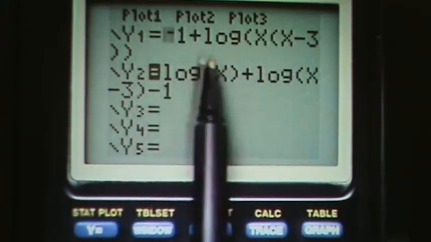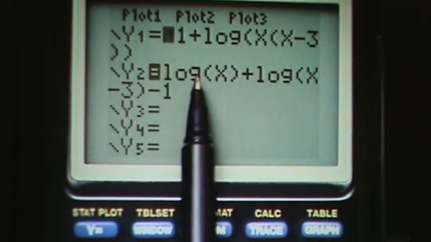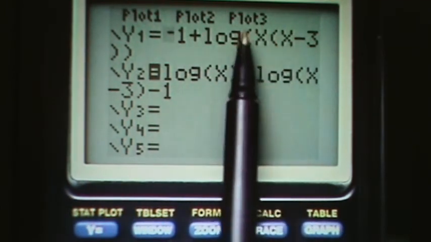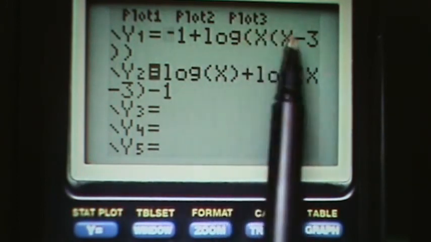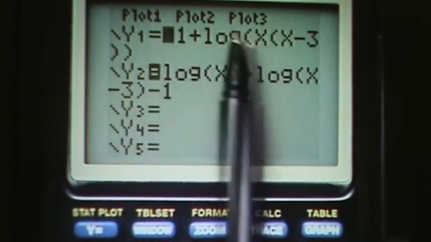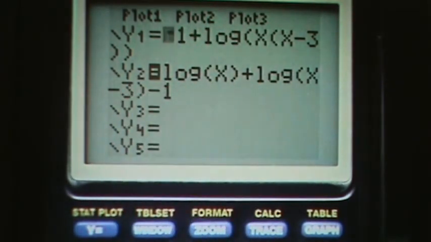We disallowed x being -2 because -2 caused us to have the log of a negative number. But -2 up here would cause us to have a positive value. You see, -2 times -5 turns out to be 10. So it turned out to be valid by looking only at this equation. Anyway, we need to use the original equation for verification purposes.